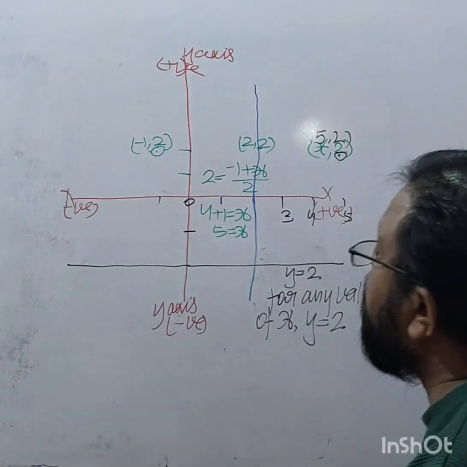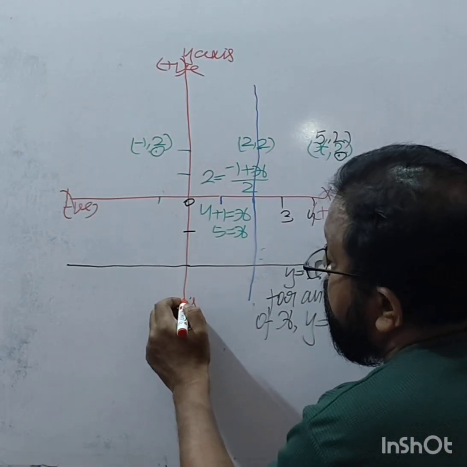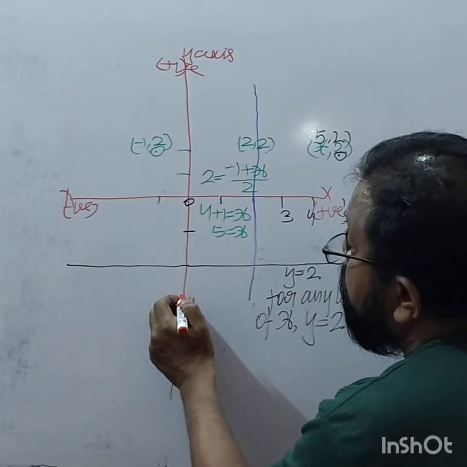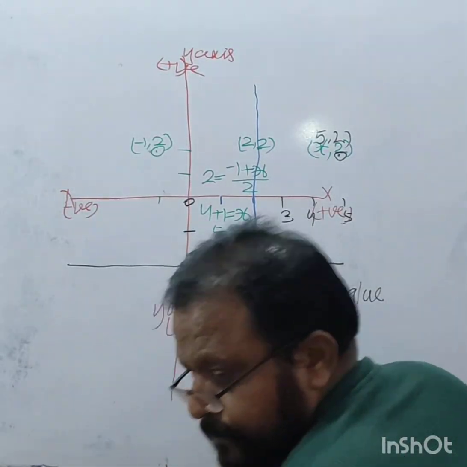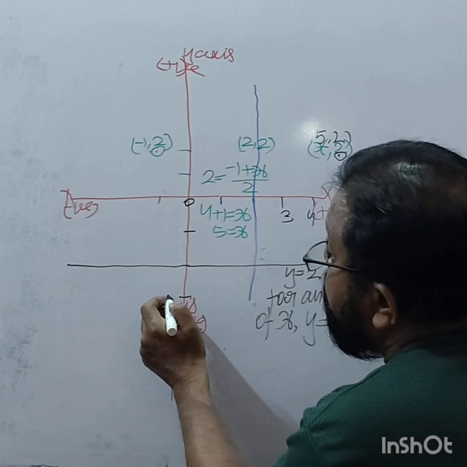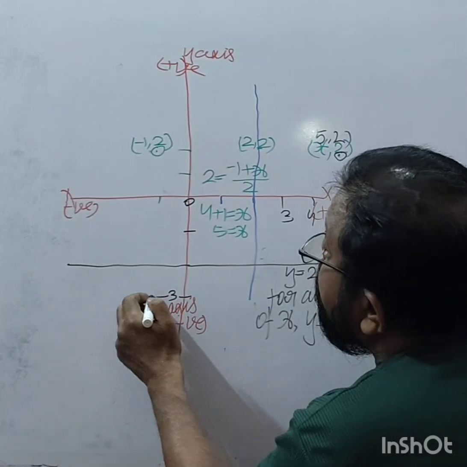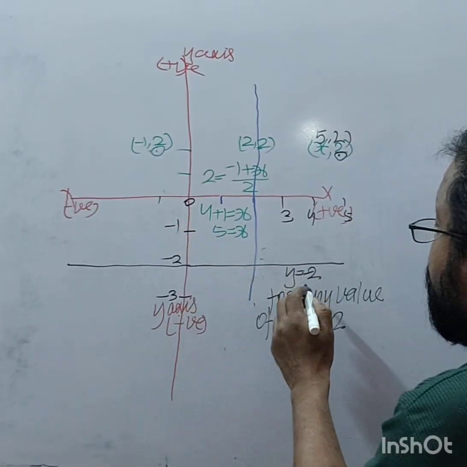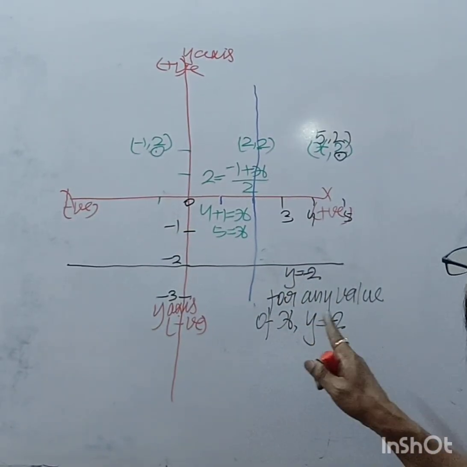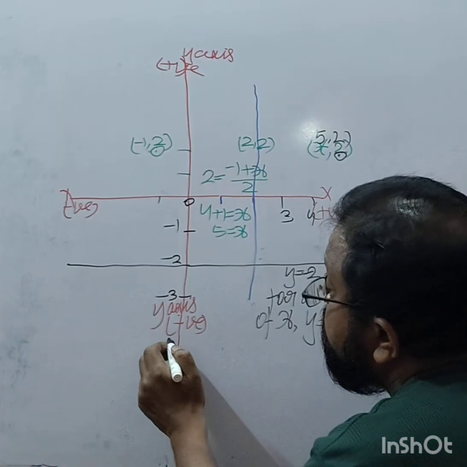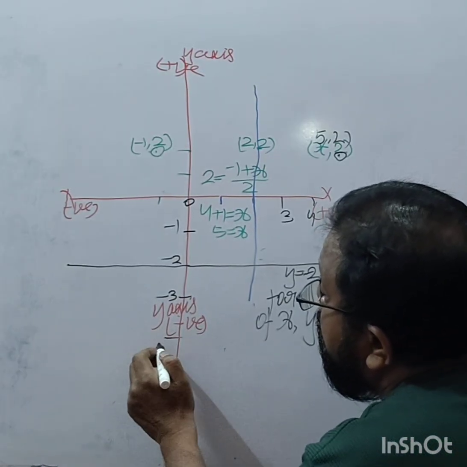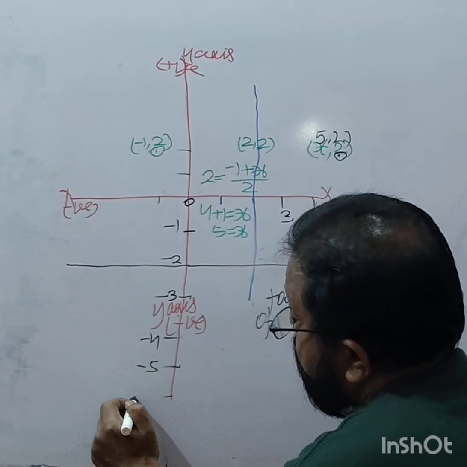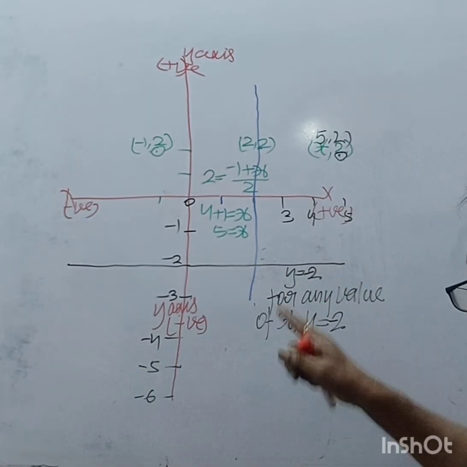And there is a point. This is 2, this I say 3, negative 3, sorry negative 2, this is negative 2, so y is negative 2, this is minus 4, this is minus 5, this is minus 6.